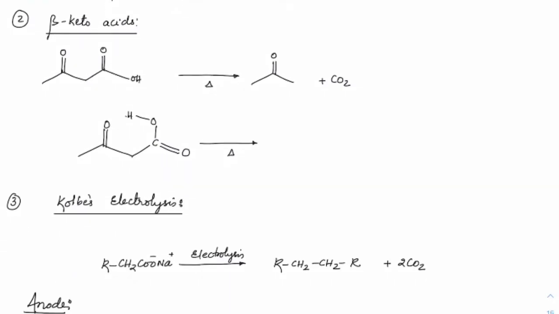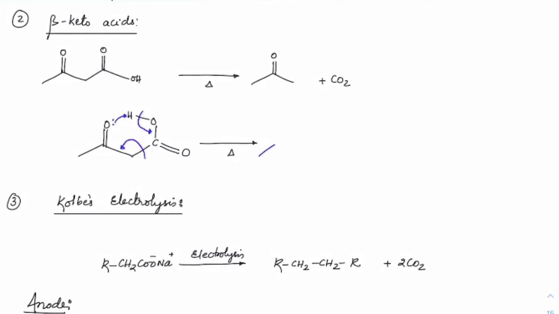Beta keto acids, just like what we have seen in dioic acid, the same observation is seen here also. See, this lone pair will make a bond here, correct? And this bond will break to make a double bond here, and this bond will make a double bond here.